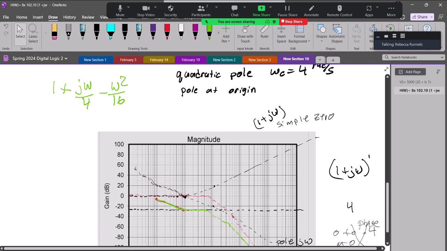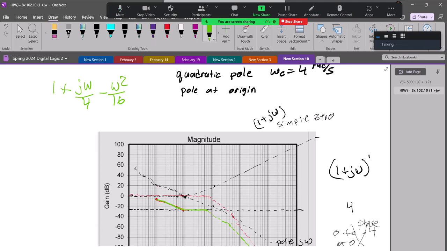And the form for the quadratic term is 1 plus 2c j omega over omega c plus j omega over omega c squared. And so if I can find out what c is, that is my damping factor.